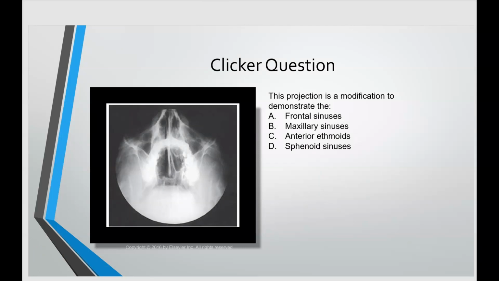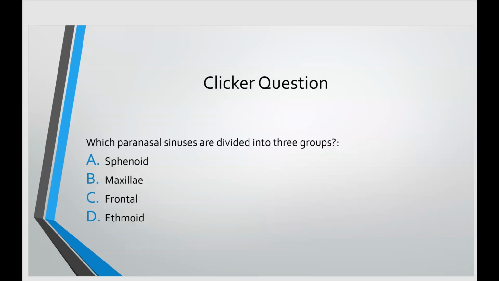Okay, this projection is a modification, and this is a Waters, this is an open mouth Waters. And why do we do an open mouth Waters? It is specifically to look at these sinuses right here, which are the sphenoidal sinuses, okay, through the open mouth. Okay, which paranasal sinuses are divided into three groups? Okay, and the answer is the ethmoid.